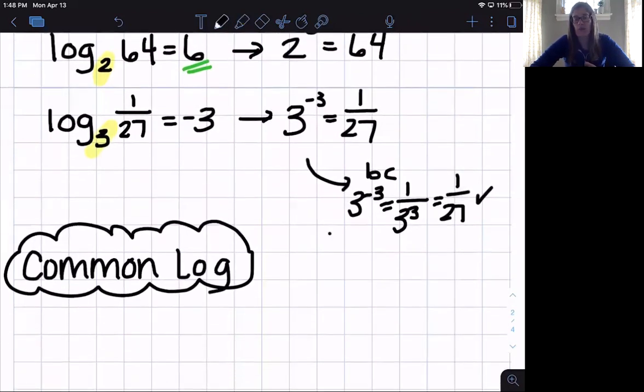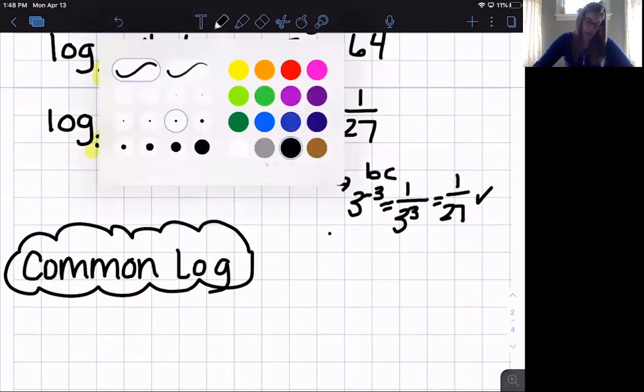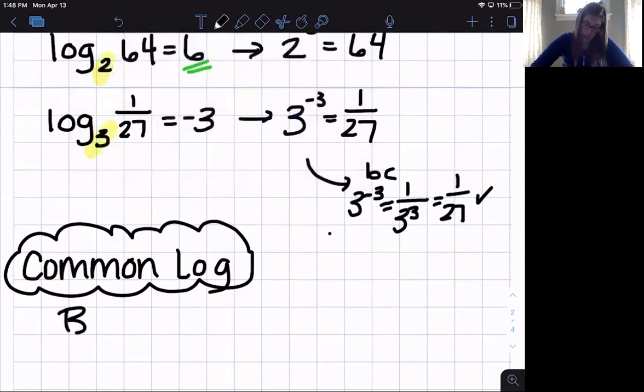It's kind of like back when we did the roots. In the square root, we know there's really an index of 2 out front, but we don't have to write the little 2 when we want to do a square root. We just have to write the little 3 when we're doing a cube root, or a 4 if we're doing a fourth root, and so on. So the common log, what you need to know is base 10.